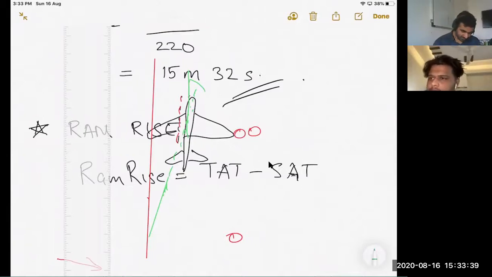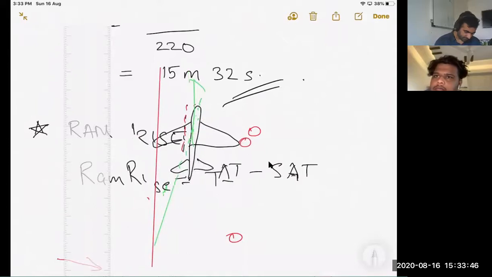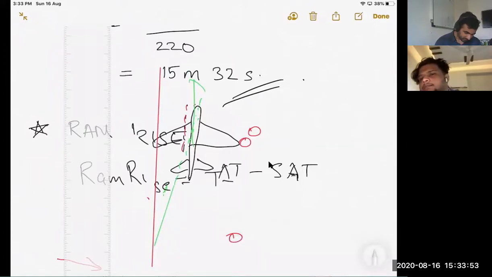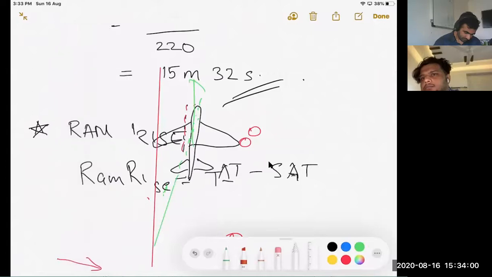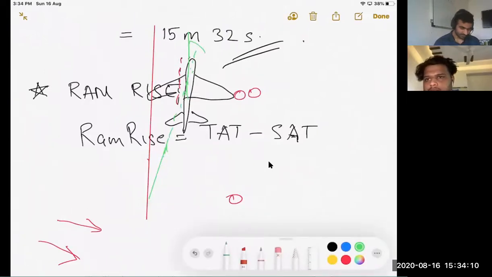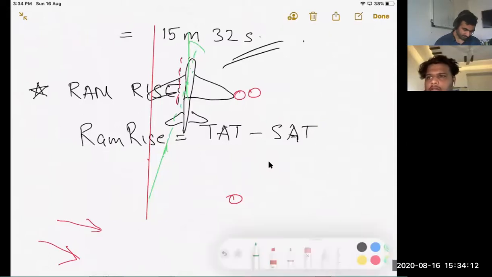So I will take this aeroplane and change its heading by 20 degrees.